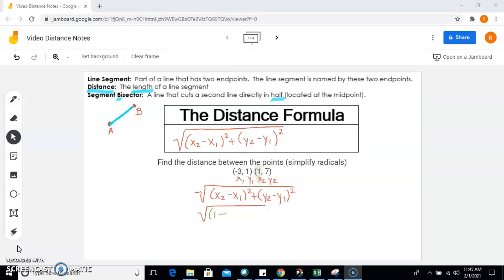My x1 value is -3. Remember that the minus sign and the negative are two different signs and we need them both. Now to do my y's, my y2 is 7. My y1 is 1.